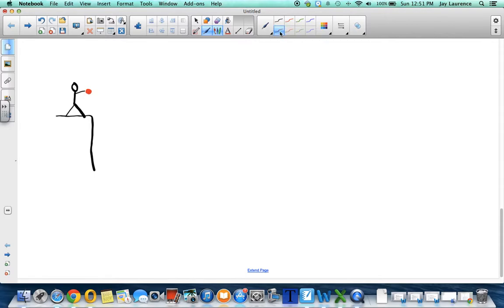Now, the rock, if they throw it, it's going to go up here, right? And then, eventually, at some point, it's going to fall. Now, think about it. The rock is moving upward, right? But there's something trying to keep it from moving upward. What is that something? Well, of course, it's gravity.